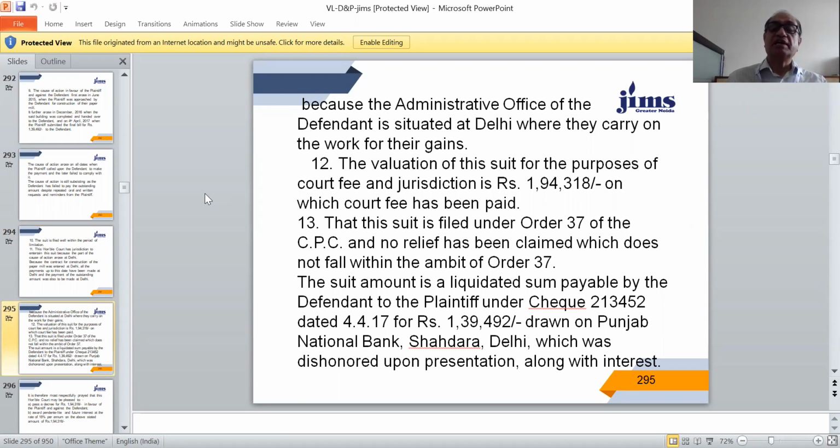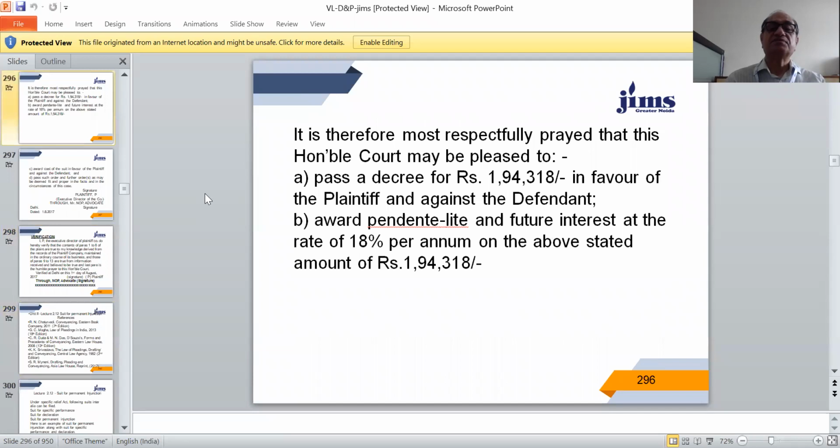The suit amount is a liquidated sum of money payable by the defendant to the plaintiff under cheque number 213452 dated 4th April 2017 for rupees 1,39,492 drawn on Punjab National Bank, Shahdara, Delhi, which was dishonored upon presentation, along with interest.